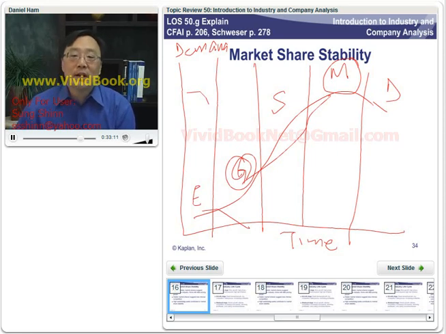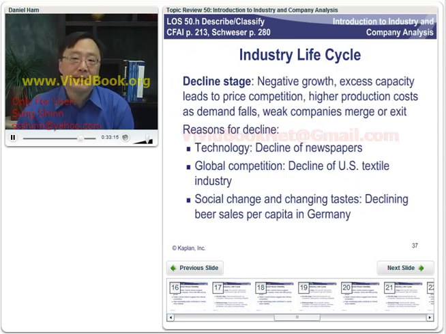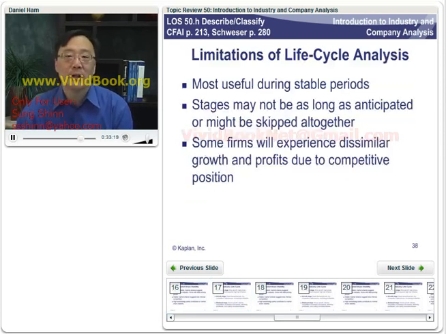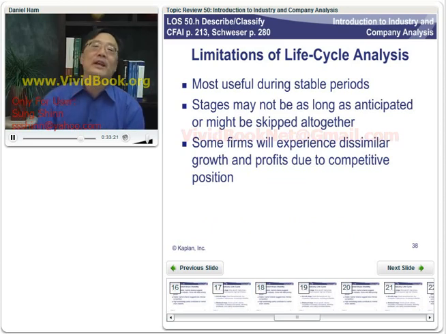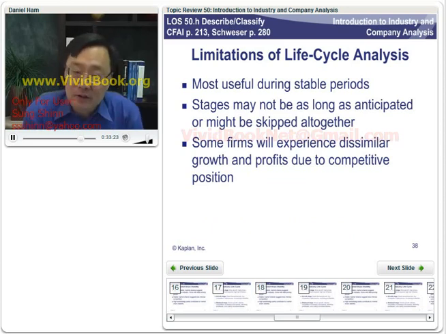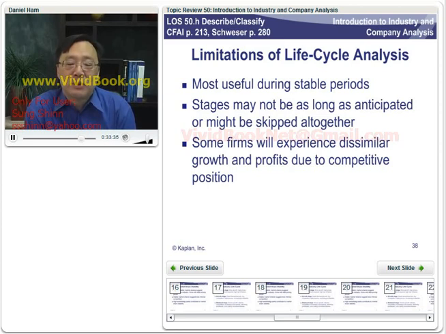So that leads us to the next slide, industry life cycle. One of the 3 big things in this particular reading is the limitation of the life cycle analysis. It's most useful during stable periods. If you looked at the model, the x-axis just says time. What does that mean? There was no real number of periods or years specifically.